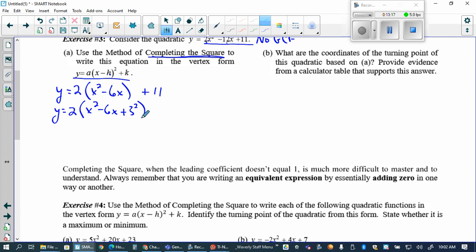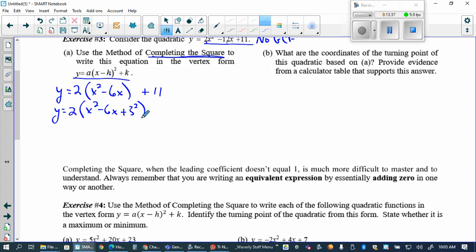Okay, big picture. For the whole equation, did I add 3 squared to this whole thing just now? Again, no. Anything that's in the parentheses, how many of them do I have? 2 of them. So what did I really add to the equation?